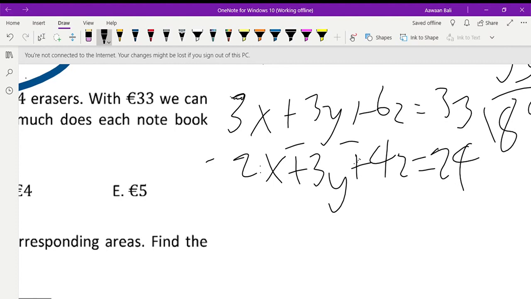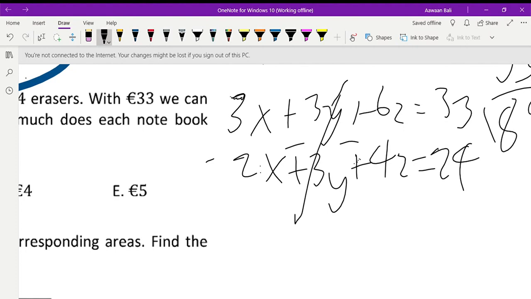The elimination method can only work if there are 2 variables which can cancel out each other. Like if you have plus 4 and minus 4, they cancel out because if you add them together it's 0. Same with variables. Plus x minus x equal to 0. So here there's plus 3y and minus 3y, so we can cancel that out.